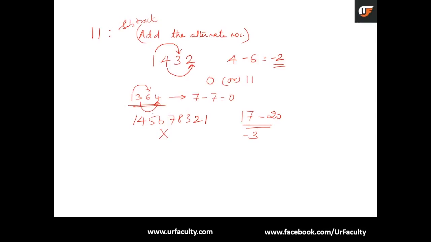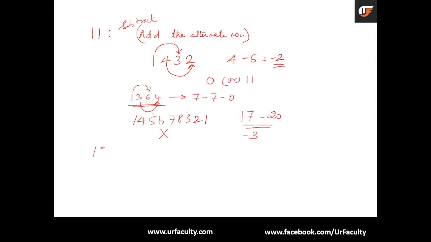So I repeat it again. All that you have to do is sum up the alternate numbers and then do a subtraction. Hope you understood this. It's a pretty simple one and a very useful one when you start looking at bigger numbers. We can apply a lot of such rules.